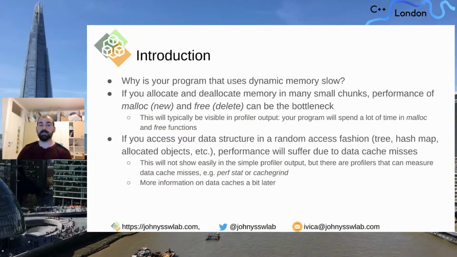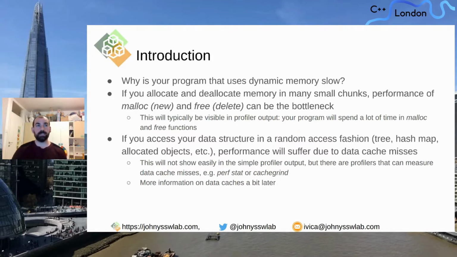On the other hand, there is a problem of memory access. If your program is accessing a data structure in a random access fashion, such as trees, hash maps, or objects allocated on the heap, performance can suffer because of data cache misses. I assume that you at least have some idea of what data cache misses are, and later I will talk about data cache in more detail.